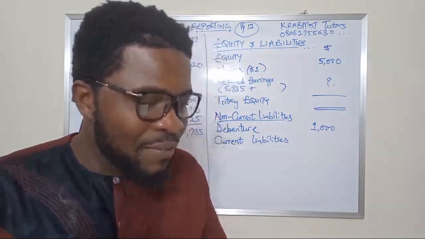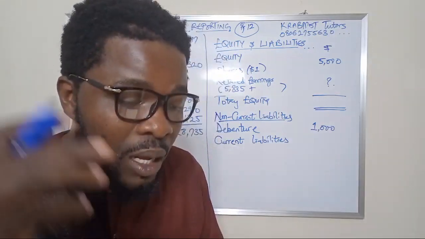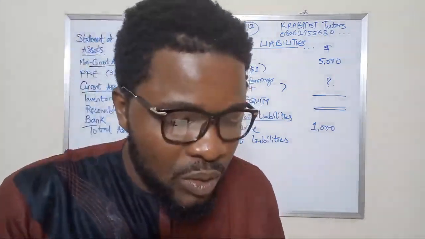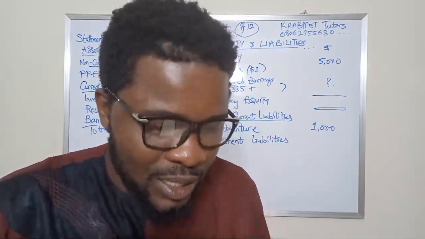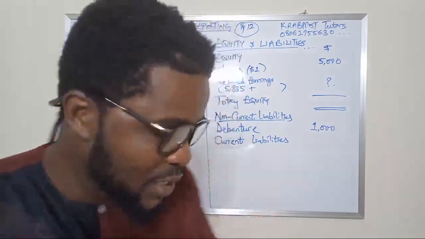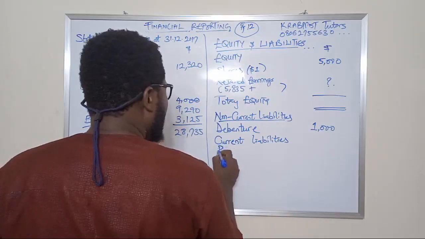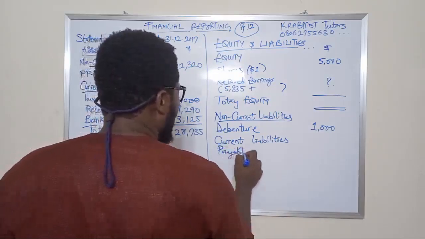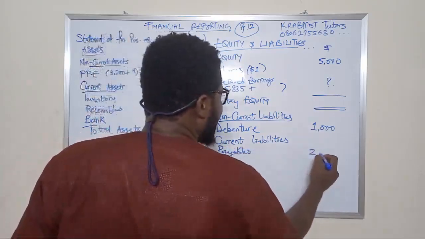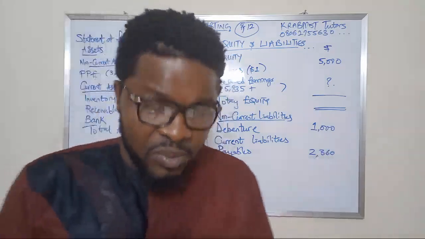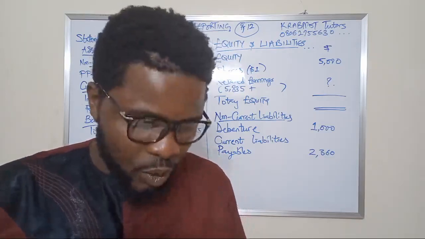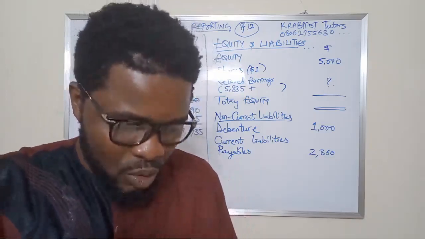What do we have? We have payables. Now let's go back to payables. After tax is payables, and payables is on the credit side. That is 2,360. We put here payables 2,360. Good. We now look again.